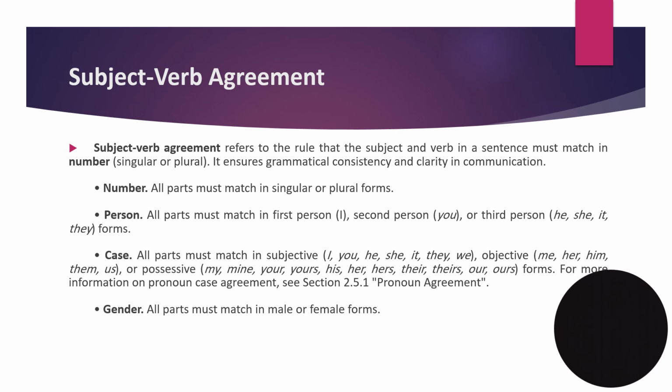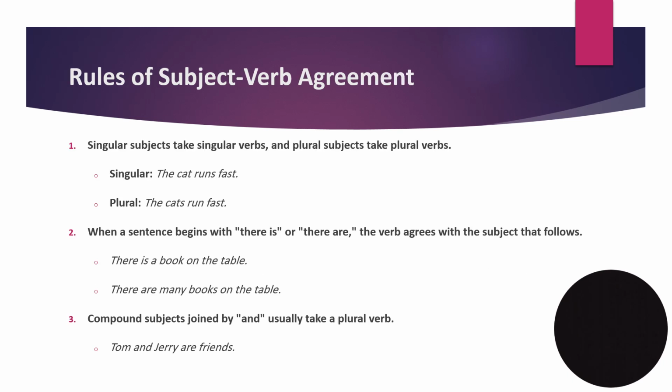The case, all parts must match in subjective: I, you, he, she, it, they, we, or objective: me, her, him, them, or us, or possessive: my, mine, your, yours, his, her, hers, theirs, our, and ours forms. For more information on pronoun case agreement, see section 251, pronoun agreement. Gender, of course, all parts must match in male or female forms.